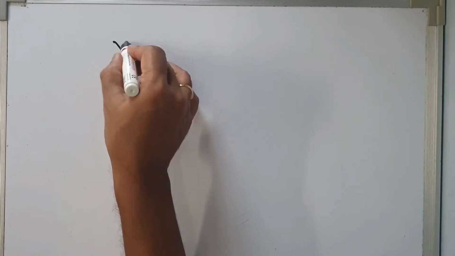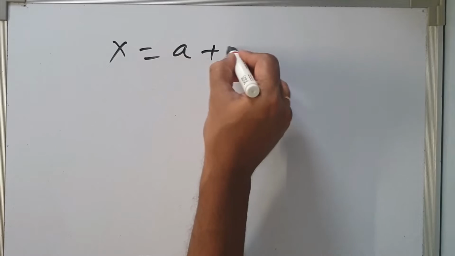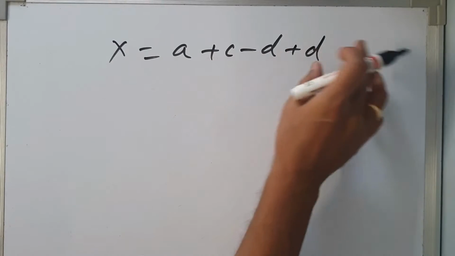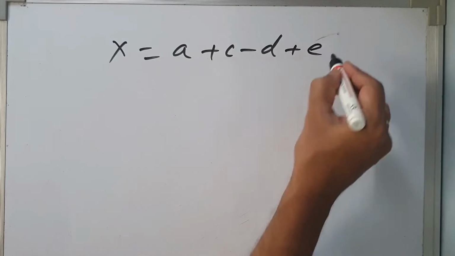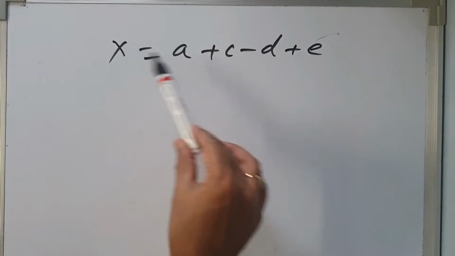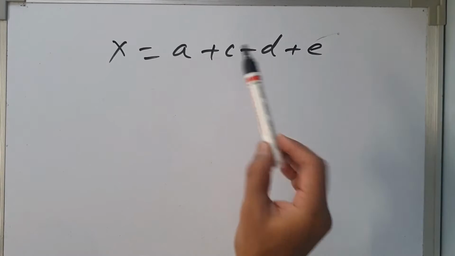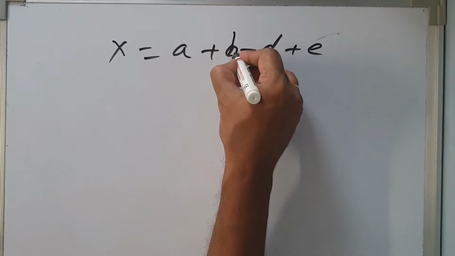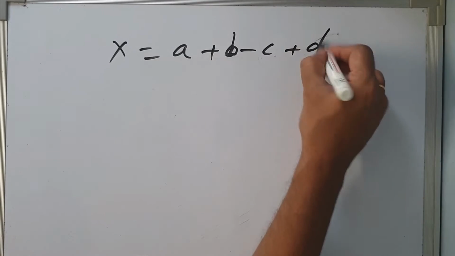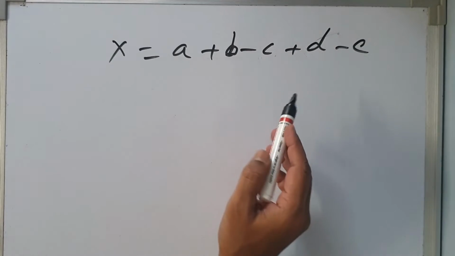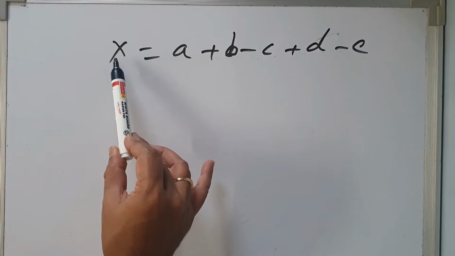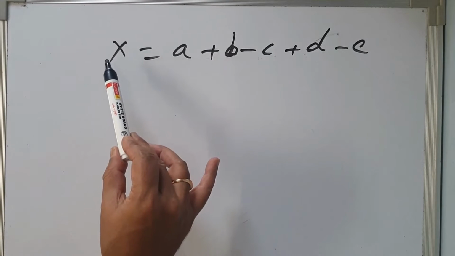That means if x is equal to a plus b minus c plus d plus e, whatever it is, if this is a valid physical equation, each of the terms a, b, c, d, e, etc., should have the same dimensional formula and should be the same as that of the dimensional formula of x.